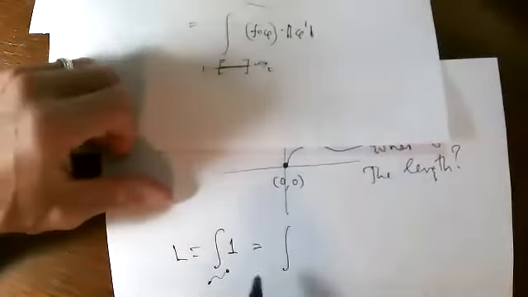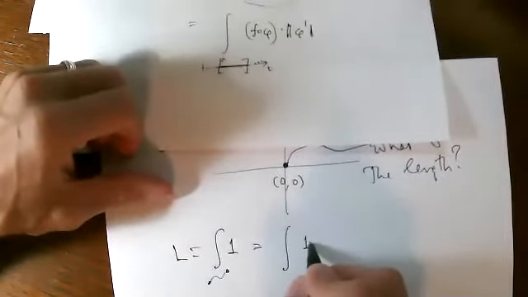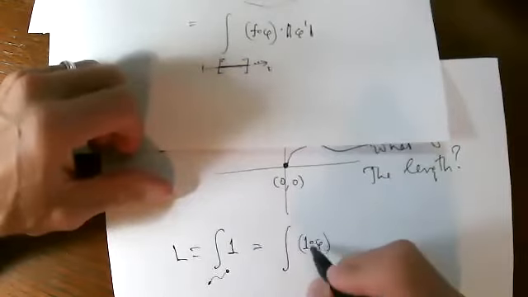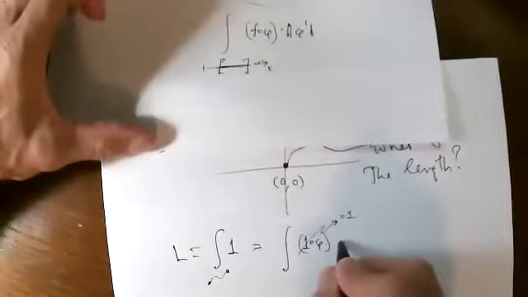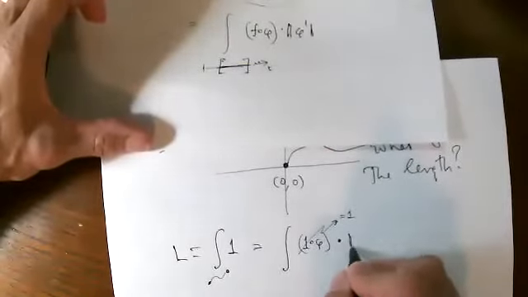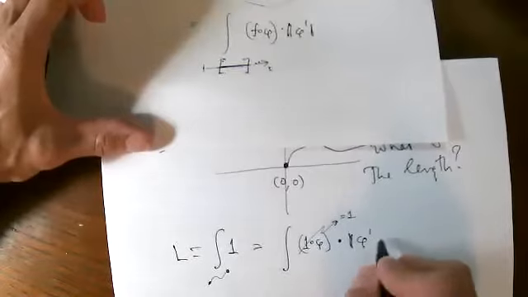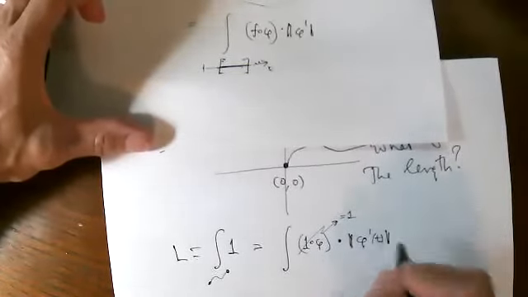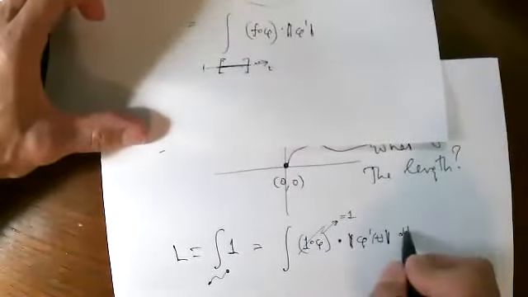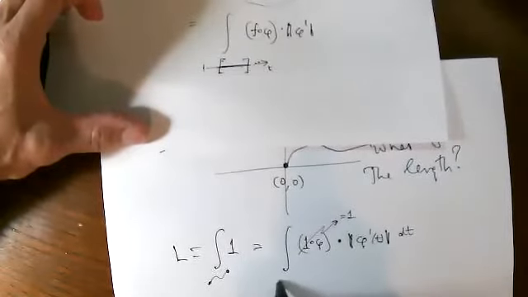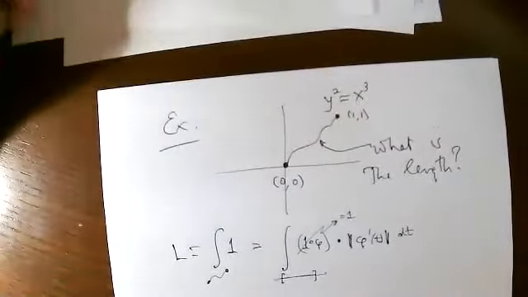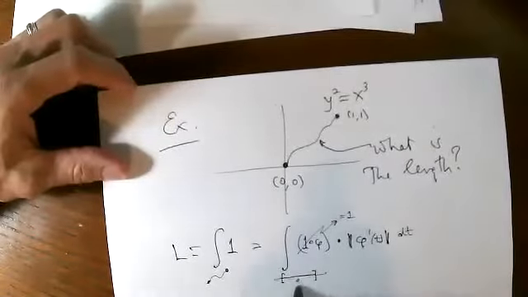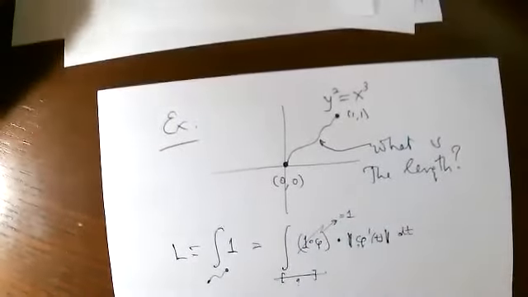I'll be integrating the constant function composed with phi, which will actually just turn out to be equal to 1. But then I'll have to multiply that by the magnitude of the derivative function, and I'll integrate that with respect to t over the interval of t's that I need to parameterize the curve. Yeah, that's great, except I don't know what this interval is because I don't know what this function phi is.